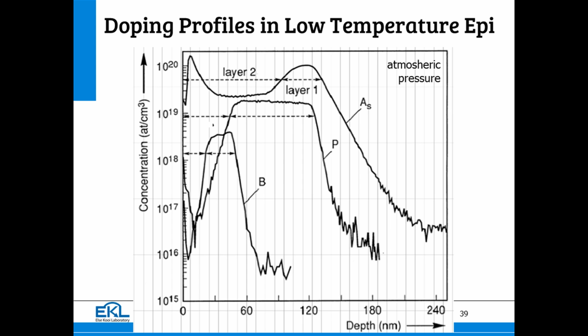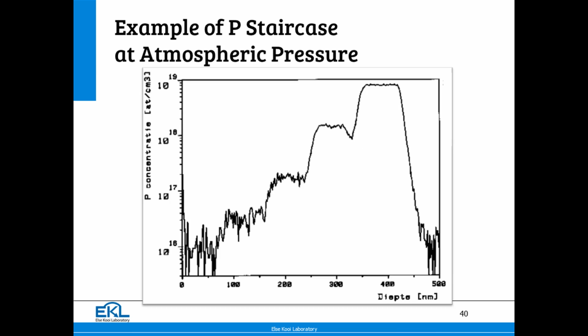And when you increase the hydrogen pressure, hydrogen takes over, removes the phosphorus, and that is the way phosphorus can be used. By the way, that is the same, well, I come to that, I think. Here's another example of a nice phosphorus profile, starting at high concentration, a staircase, showing, again, good, almost perfect control, but at atmospheric pressure only.